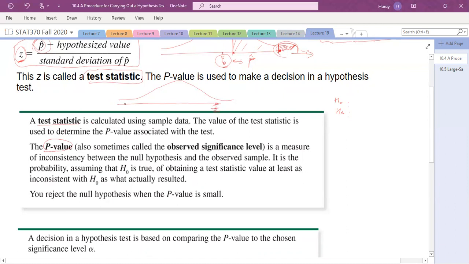This value could be here, or it could be on the left. We will see when it is on the left or when it is on the right. But after that, it's just either this area or both of them, the sum of those two areas. Therefore, once you have the test statistic, you calculate the p-value. And what follows is you compare the p-value and alpha. Do you remember alpha? Alpha is the significance level.